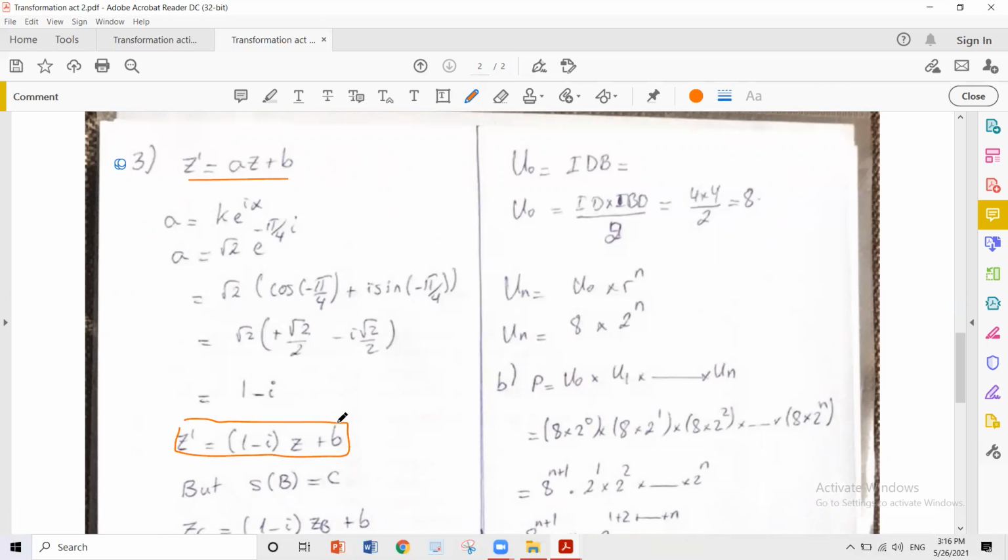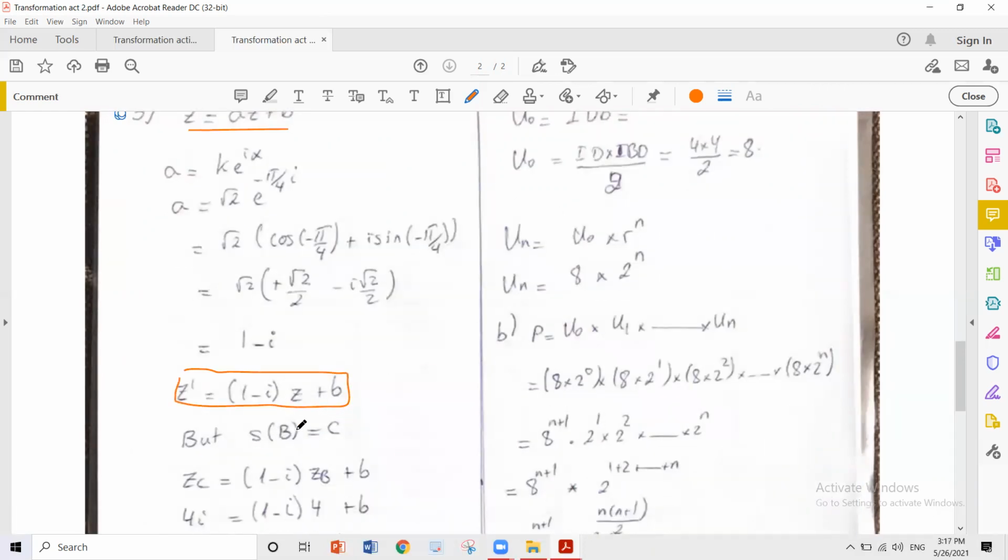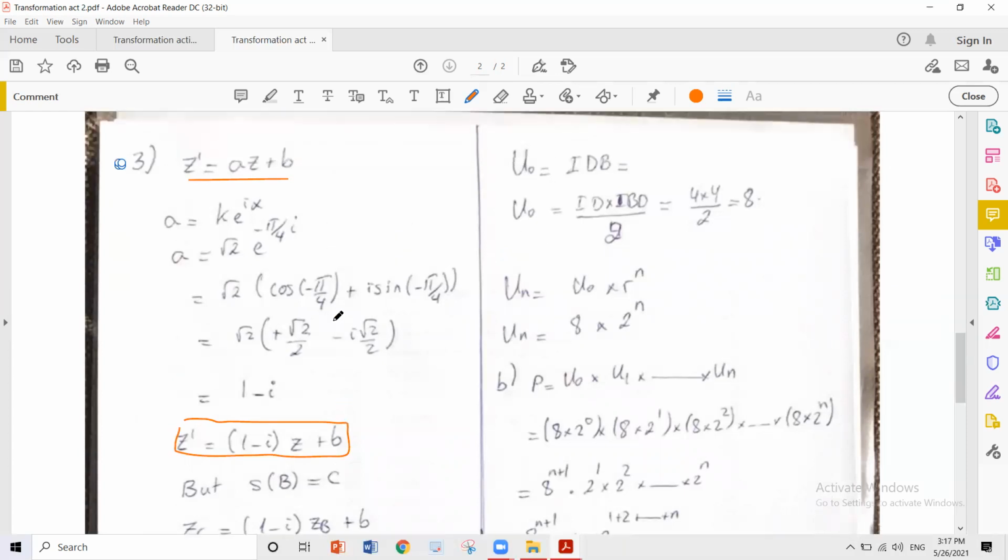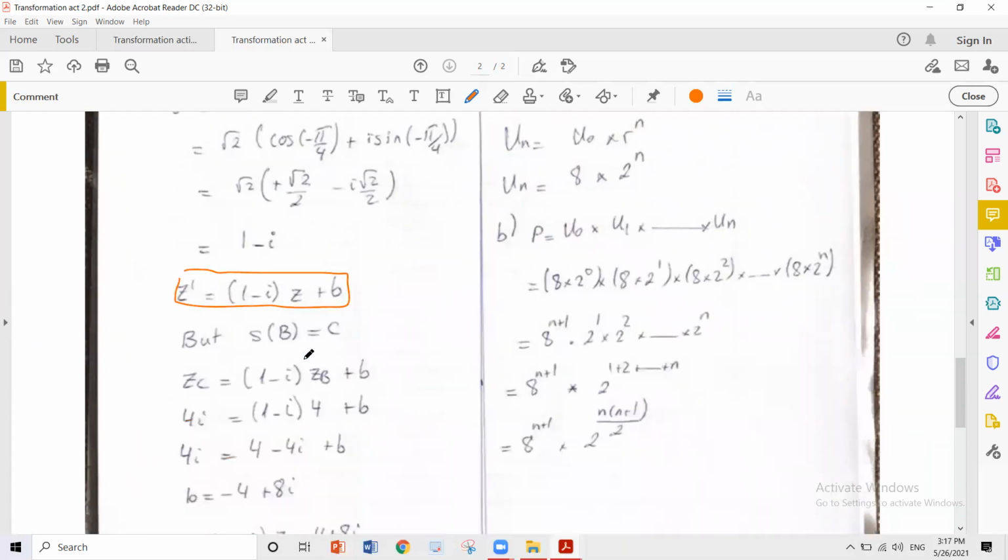To calculate b, we can say S of B equals C. That means Zc equals 1 minus i Zb plus b. Zc is 4i, Zb is 4.